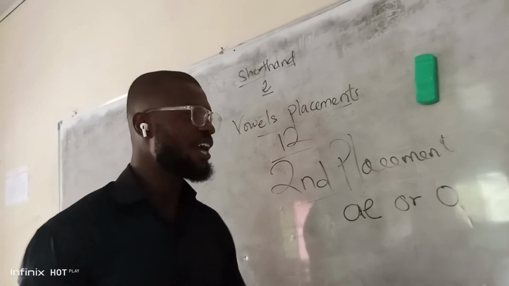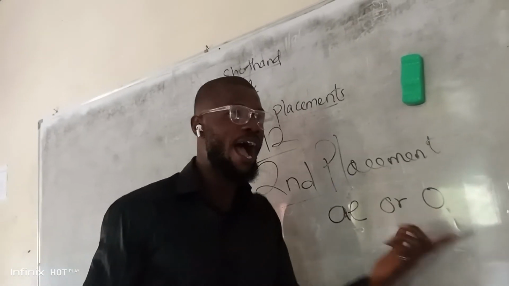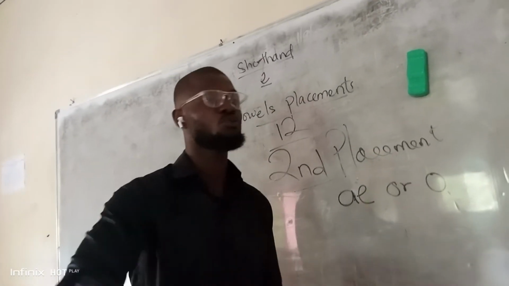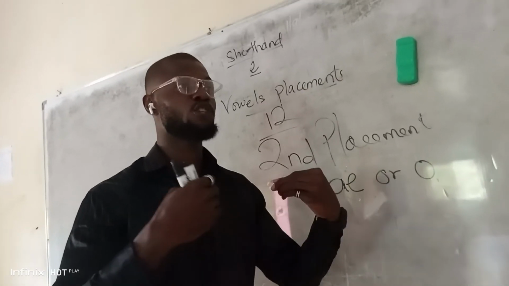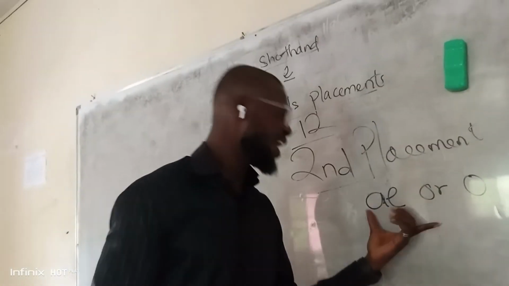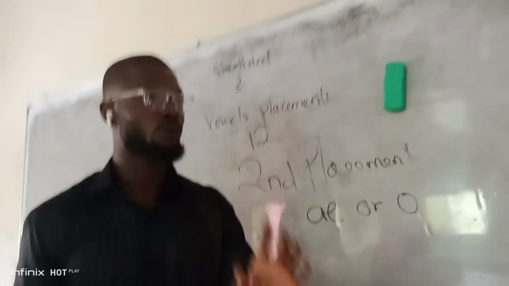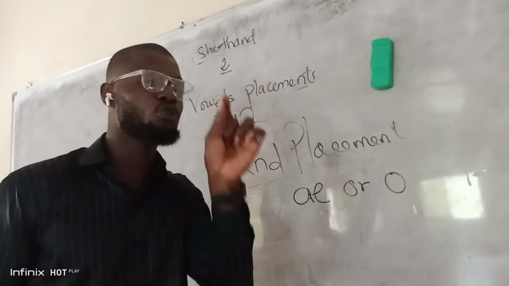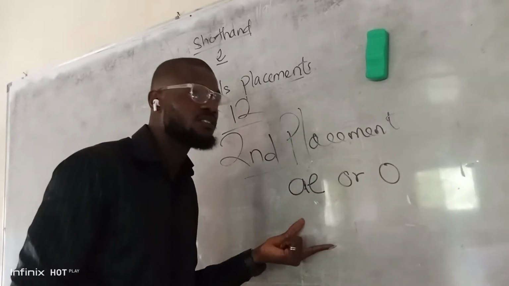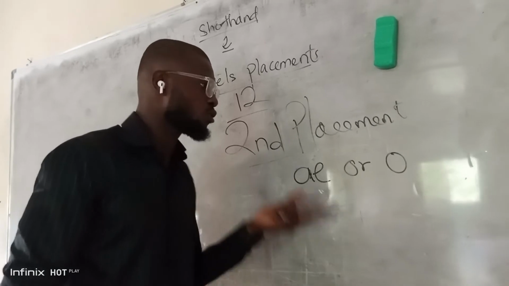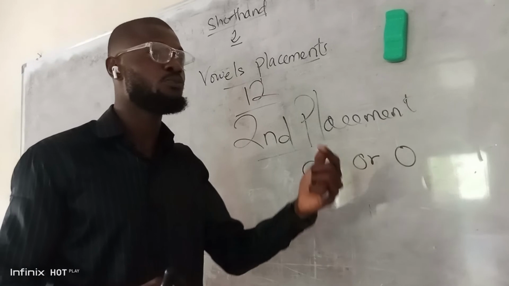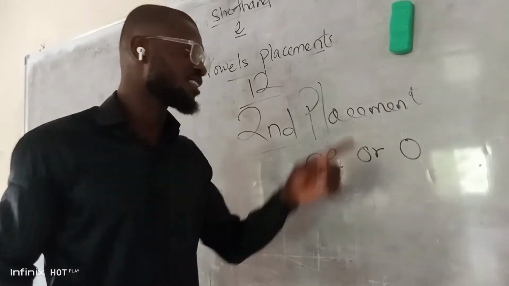That is, whenever A or O appears to be the first vowel sound you are able to hear when you are pronouncing that word, then it shows that the first stroke will be on the line. Coming to the first placement, remember I said whenever you hear A or O, the first stroke will be above. Now, this in second placement will be on the line.